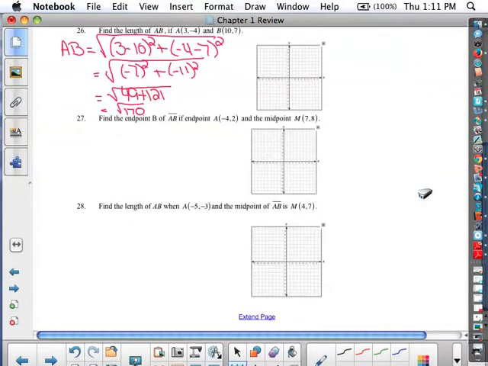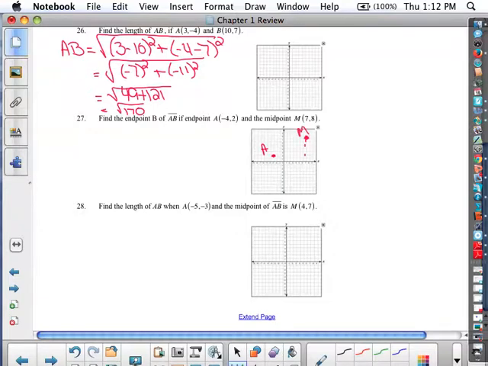Number 27, again, you can graph this if you want. I have A at minus 4, 2. This is kind of hard to see, so I'm just going to approximate that there. And M is at 7, 8, about right there.